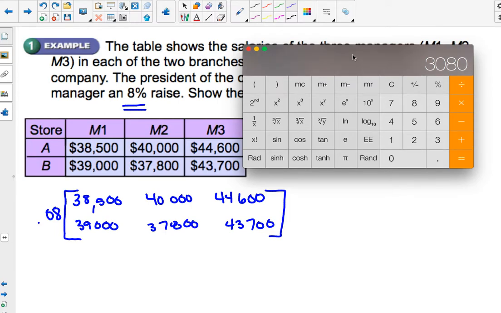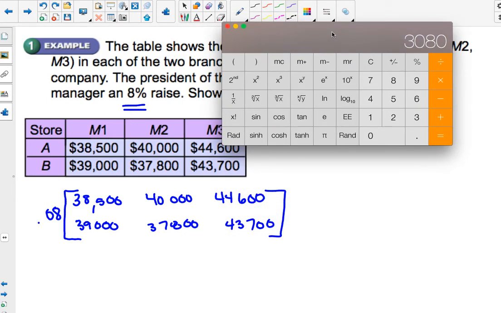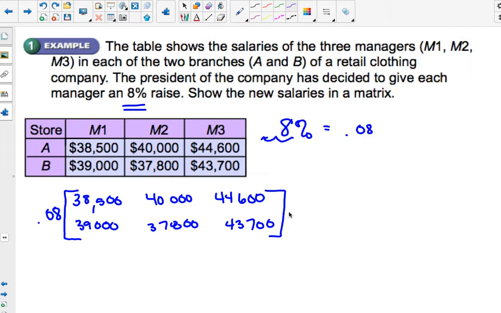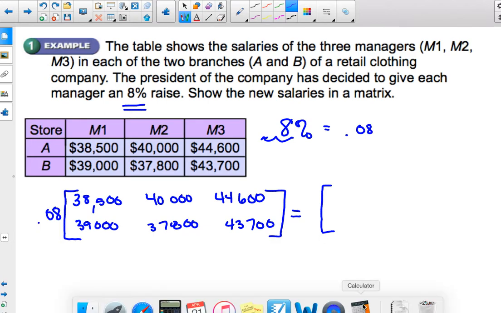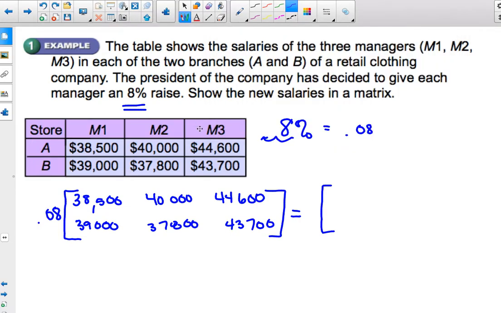Let's go ahead and look back up here, and it says the new salaries in a matrix. So this 3,080 is going to be the amount of the raise.